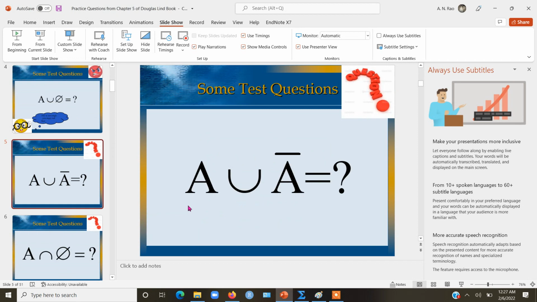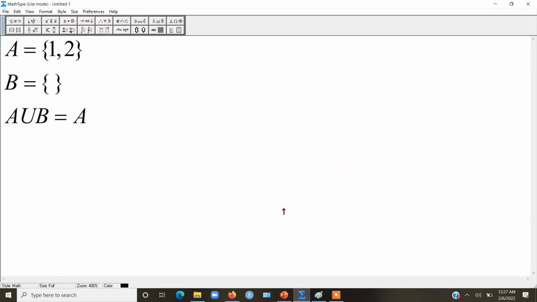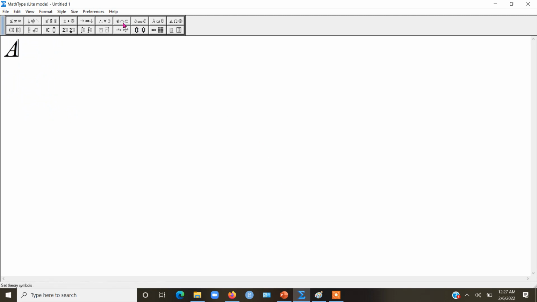Next question. What is the union of A and A bar? Now, what is the meaning of A bar? It is simply the complement of A. For example, if I have this event and this is A bar, this simply means sample space minus the set A. Of course, for this we should know the sample space.